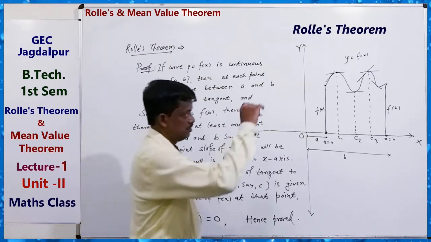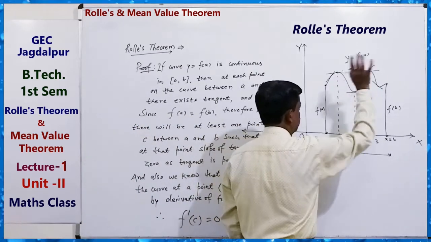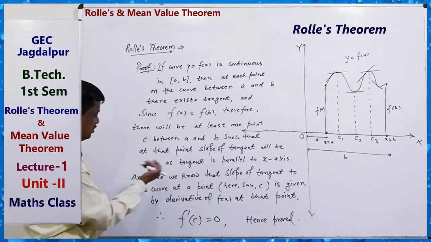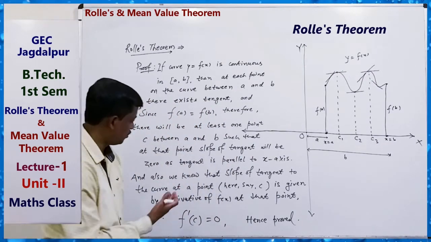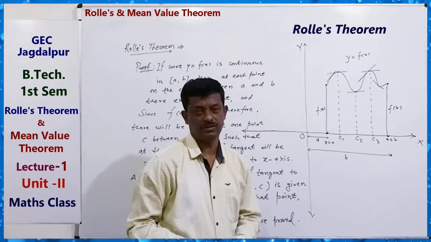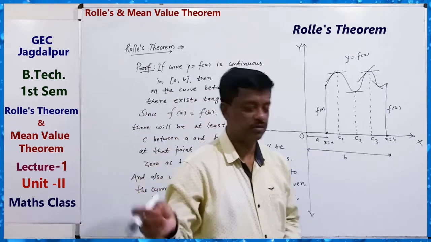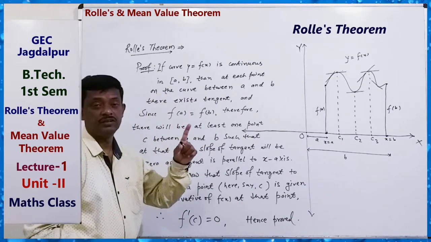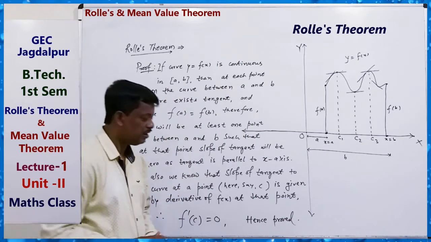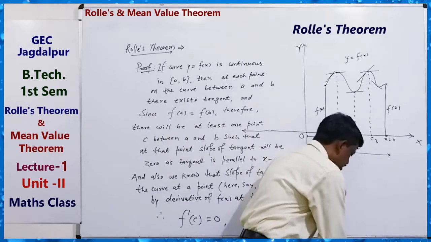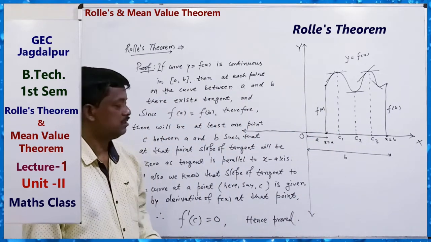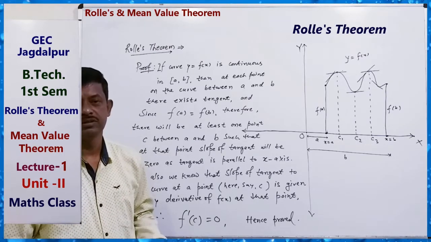Because there will exist some point where the tangent is parallel to the x-axis, and also we know that the slope of the tangent is given by the derivative. So at that point, f dash c equals 0. So this is the proof of Rolle's theorem. And we see that in Rolle's theorem, if the three conditions are satisfied, then there is a point C at which the derivative equals 0.